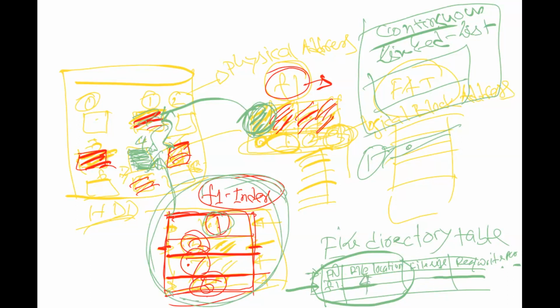When you open or read this file, what happens? At first, when you open, read or write, it checks the file directory table to see whether the file is available. It searches by using the file name, gets F1, and from the location finds HDD block number 4, which contains this file index table.